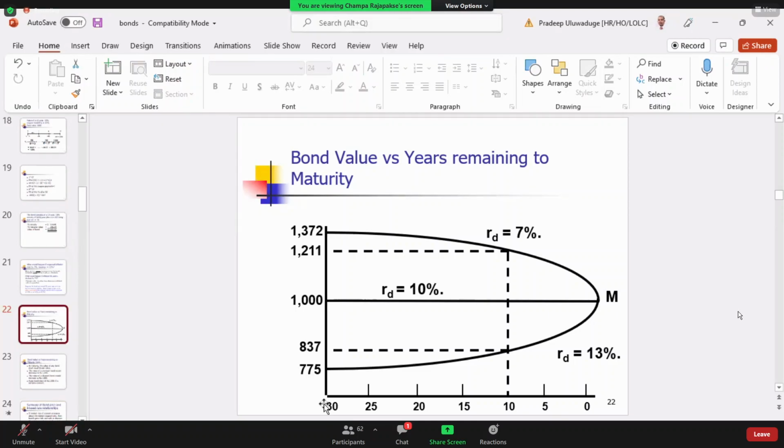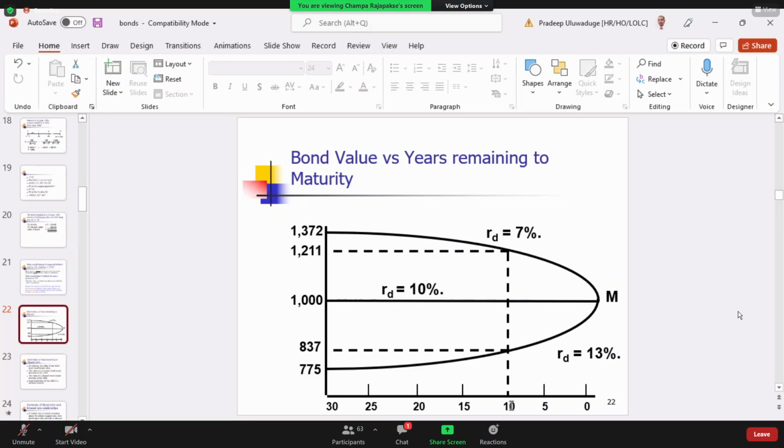You had 30 years left. After 5 years, you are left with 25 years. After 10 years, you are left with 20 years. Now we have spent 20 years and we have only 10 years left, right? So this graph shows how the value changes over time.